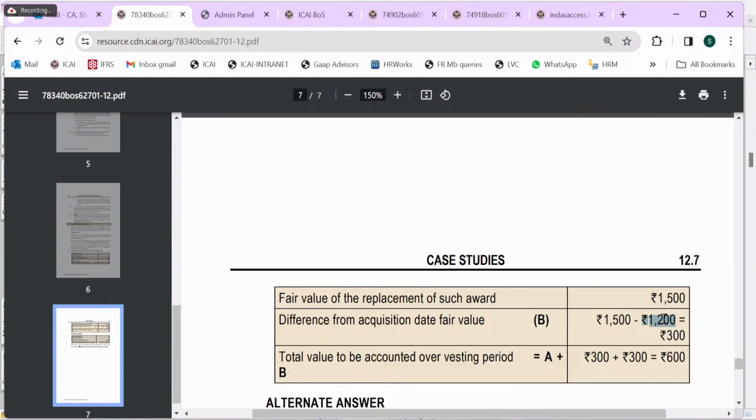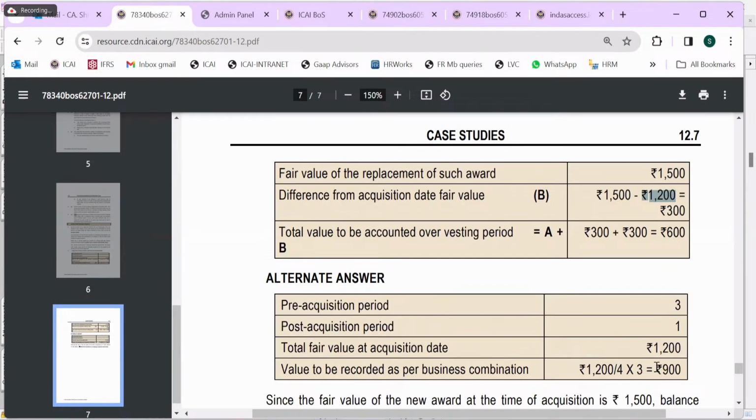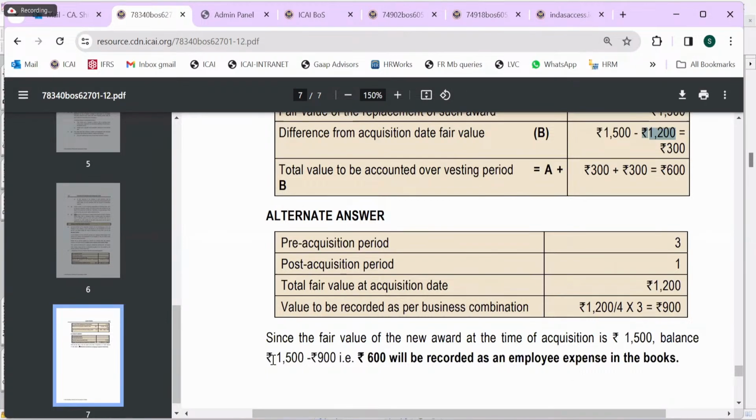That is why we have used only 900. So the 300 which has been left has also been considered for the post-combination period. So this totals 600. Otherwise, we can simply do 1500 minus 900. We get 600, which will be recorded as an employee expense in the books. So students, I hope this is clear to you.